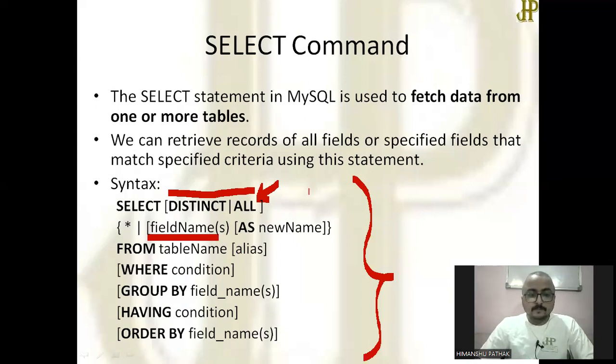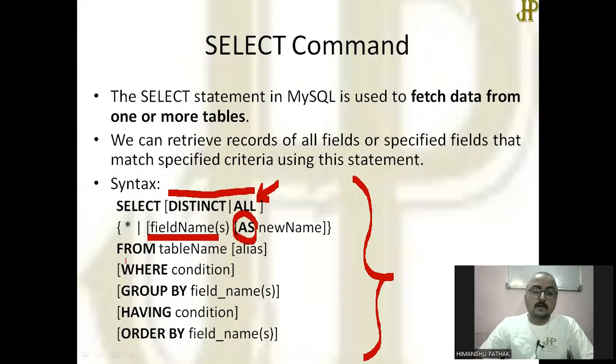Then, if you perform some mathematical operations, like a situation where you want the average of the marks of all the subjects, and there is no such column as average, then for giving an alias name, as is used.